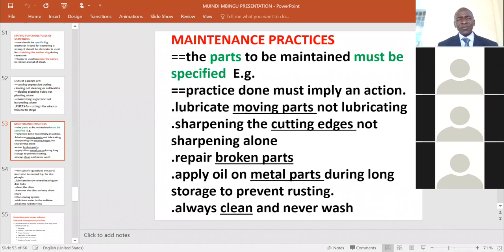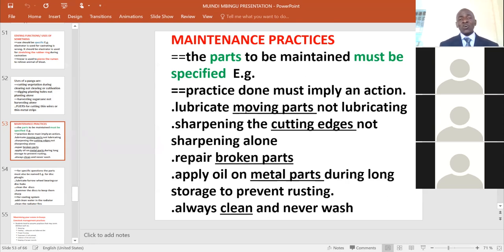Now, you want to stow your ox plough for long. Perhaps you are through with operations that require the use of an ox plough. So you want to say that stow the implement under shade. I want to ask, do we store them under shade, S-H-A-D-E, or under shed, S-H-E-D?